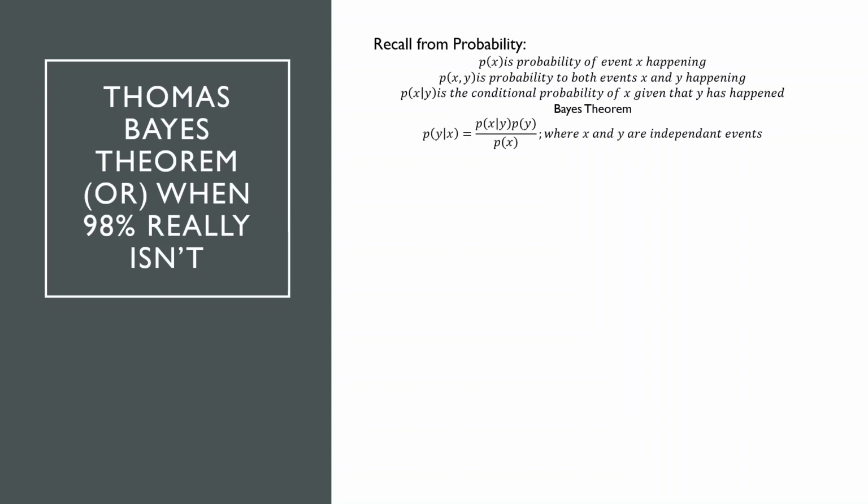But then there's the probability of X given Y, or P(X|Y), and that is the conditional probability of X given that Y has already happened. And so Bayes' rule can be applied this way. The probability of Y given X is equal to the probability of X given Y times the probability of Y, all divided by the probability of X, where X and Y are both independent events.